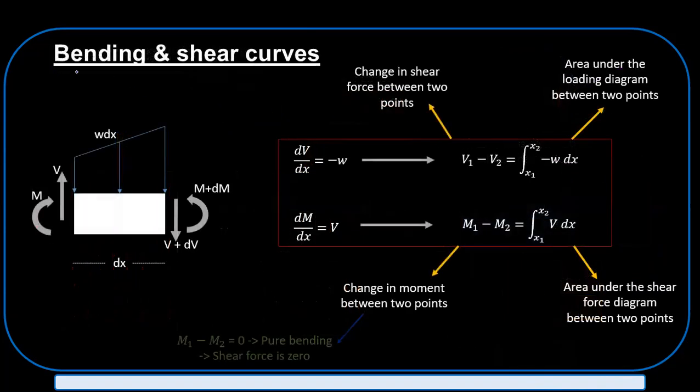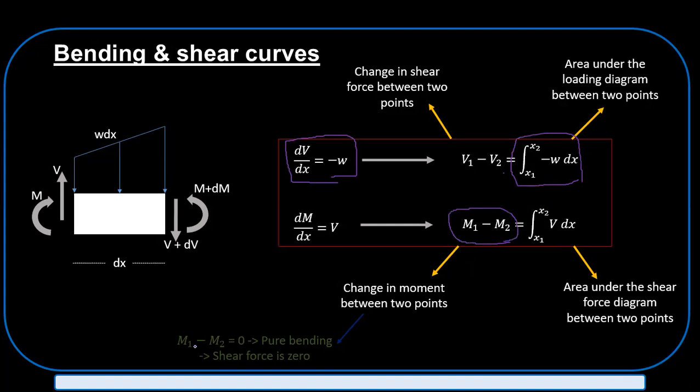So if you check the bending and shear curves, you know the relationship dV over dx is minus w, which means the load; the area under the loading diagram shows you the change in shear between 2 points, and the area under a shear force diagram between 2 points gives you the change in bending moment at those 2 points.